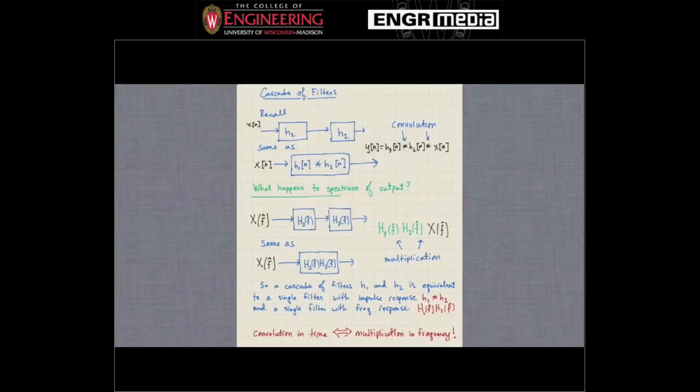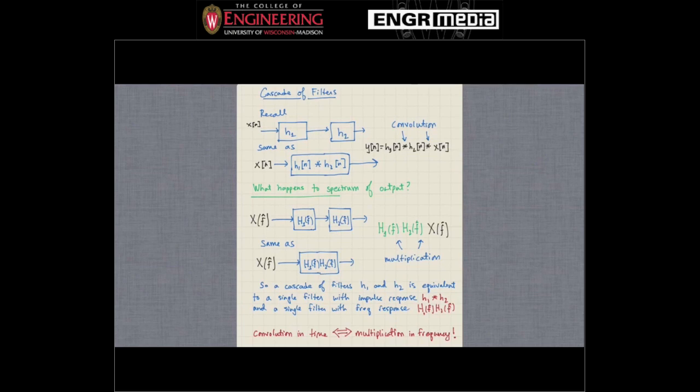So I want to talk really briefly about what happens when we cascade filters together. And this is another way to see that convolution in time is the same as multiplication in frequency. Okay, so if you remember, if we take two filters and cascade them together, so take some signal x of n and pass it through h1, and then take that output and pass it through h2, the output that we get is the convolution of filter 1 with filter 2 with the input signal, right?